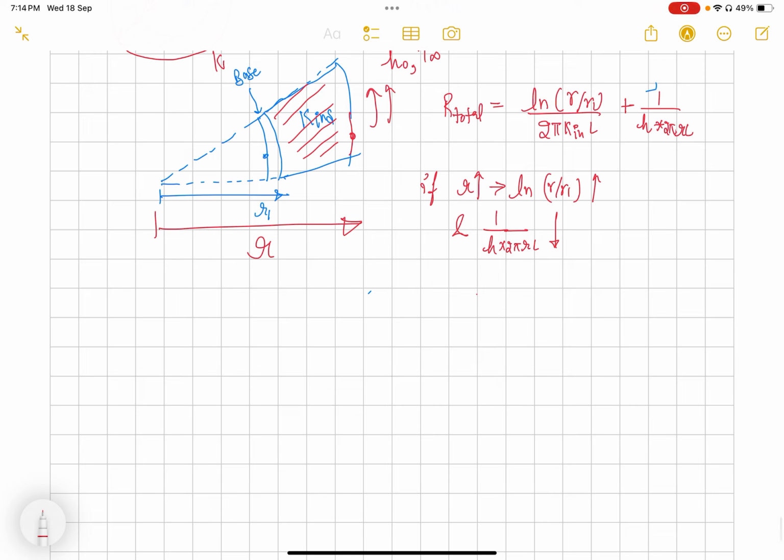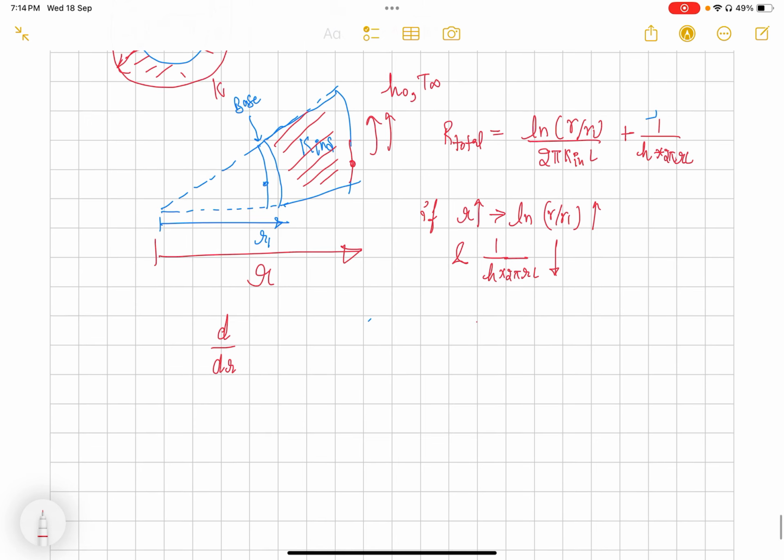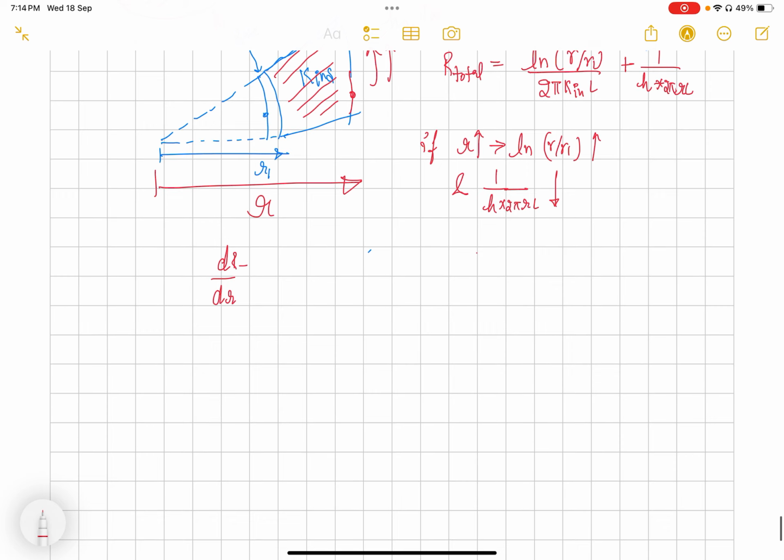So to find at what value the resistance is minimum or maximum, let's differentiate this total resistance with respect to R. We don't know whether the resistance will be maximum or minimum, so differentiate this total resistance with respect to R.